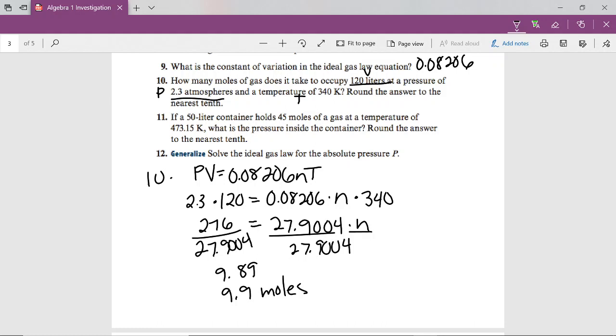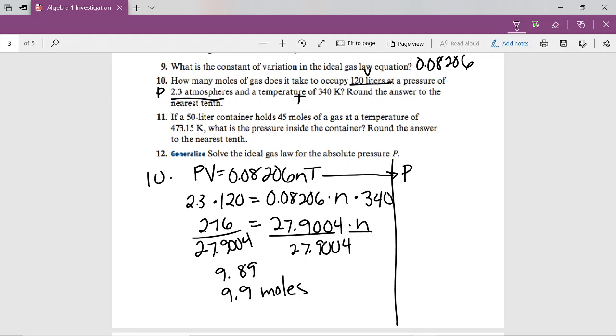So that's number 10. Number 11, if a 50 liter container holds 45 moles of gas at a temperature of 473.15 Kelvin, what is the pressure inside of the container? Round to the nearest tenth. Well, in this case, we're missing our pressure. So we have 50 liters as our volume, so I'm going to plug that in using the same equation.